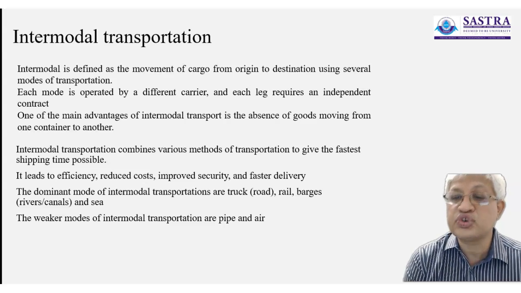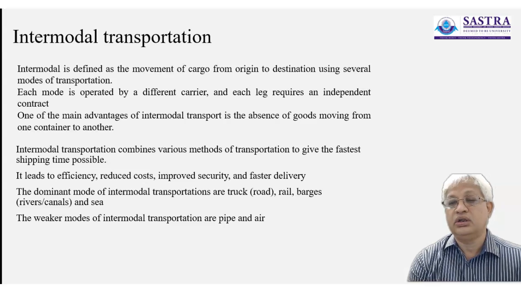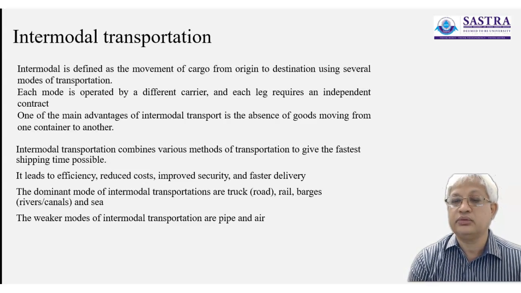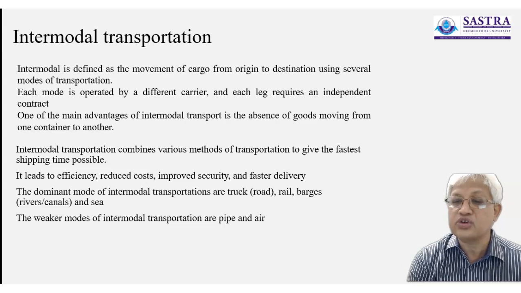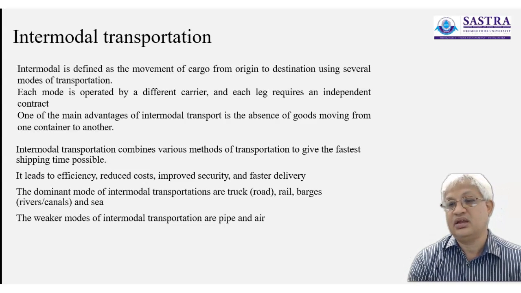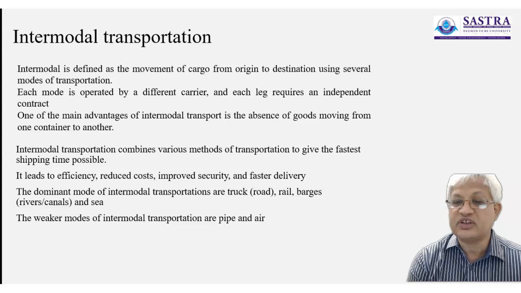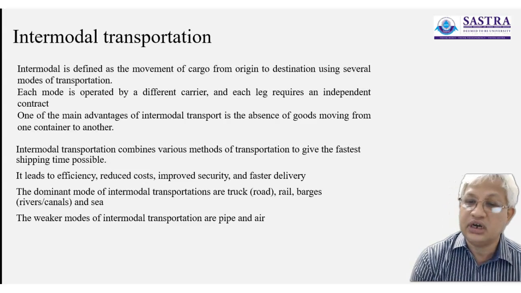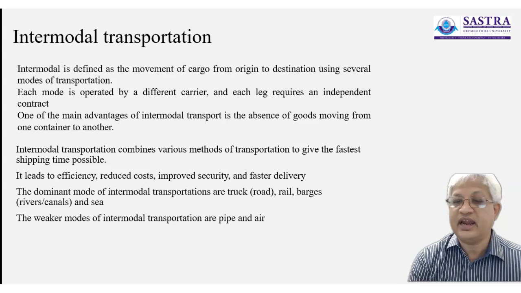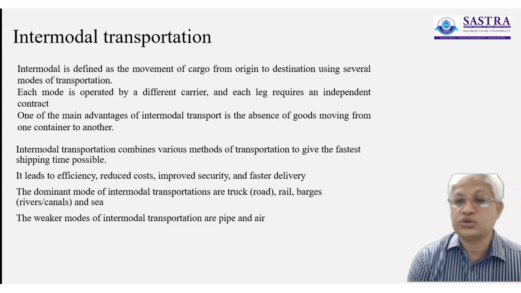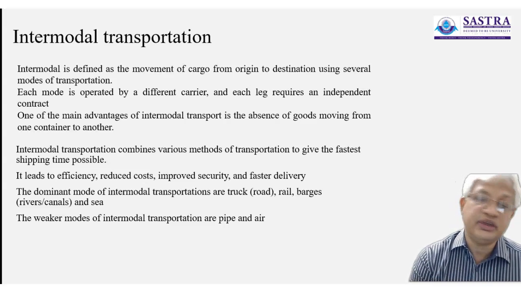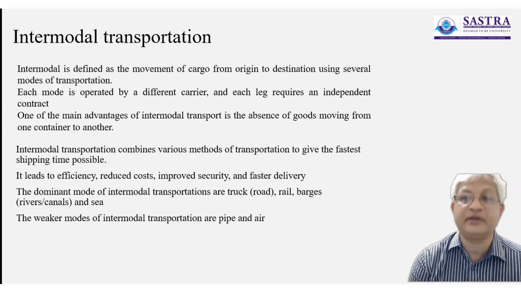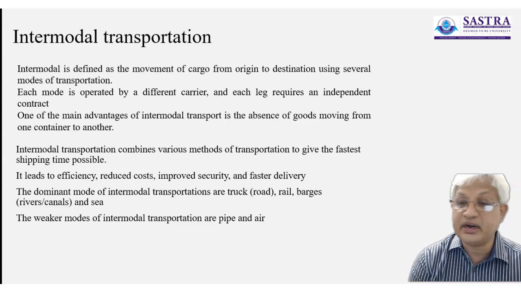That means he is to use a sea route for making the ship leave from the port to the next port where the country belongs to, whichever region. And from there, the goods have to be unloaded into a land route and then taken by crossing the border to the country of destination. Each mode here is operated by a different carrier and requires an independent contract.